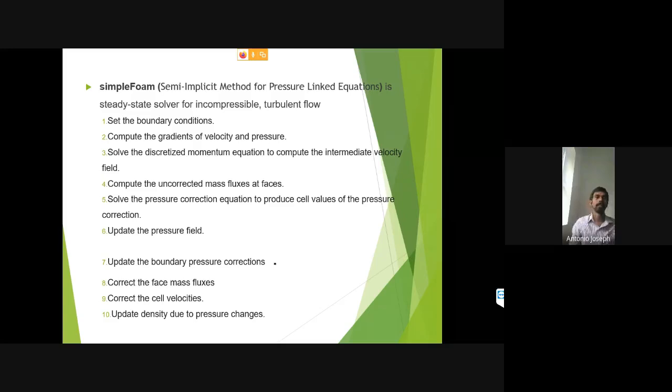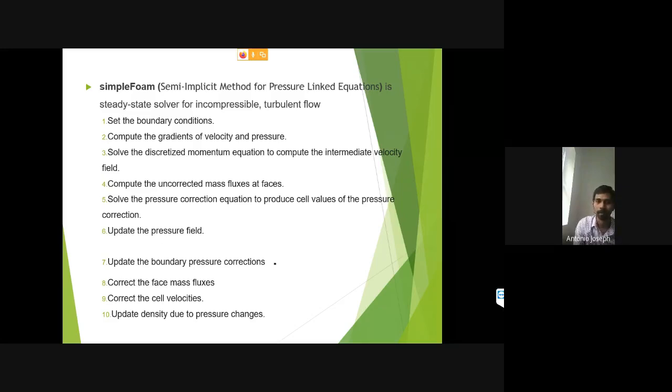So what are the things that we are following in the case of simpleFoam? First, we are setting the boundary conditions and then computing the pressure and velocity gradients. Then we are discretizing the momentum equation and solving that. Then we are computing the uncorrected mass fluxes at the faces, that means at the inlet, outlet, etc. Then we are solving the pressure equation, then updating the pressure field throughout the geometry or the nodes.